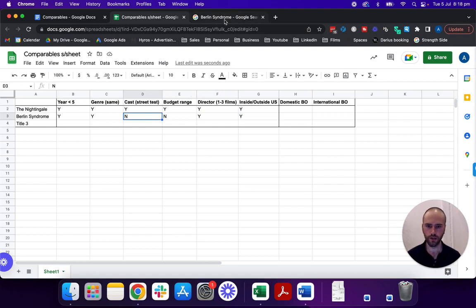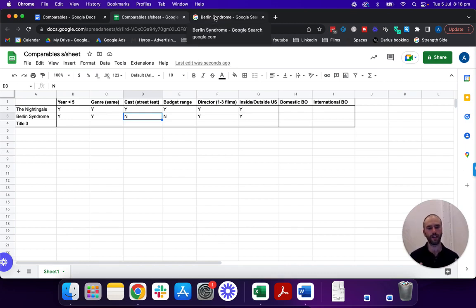The reason is the cast are not that A-list level, so it's not a huge jump, and the budget range is a decent size bigger, but knowing what that film is, it could be executed on a much smaller budget as well, just given the scope of it.